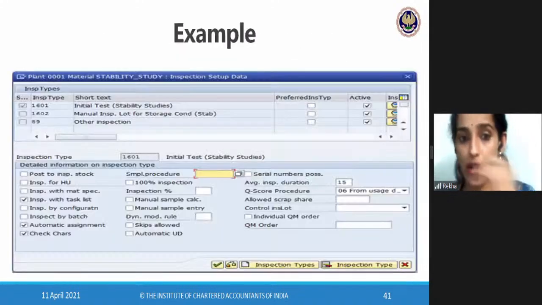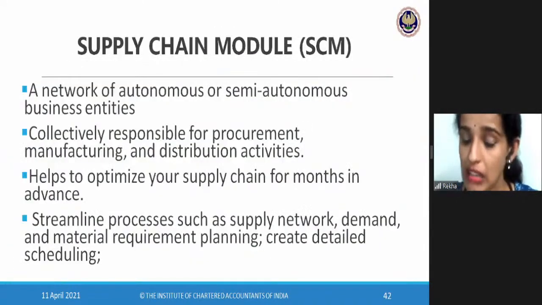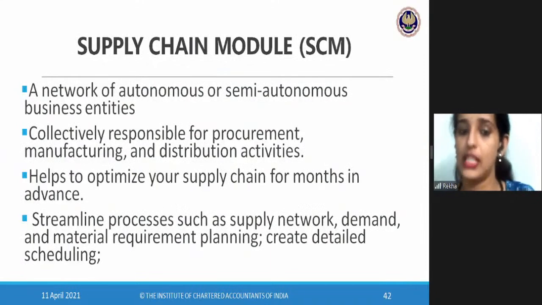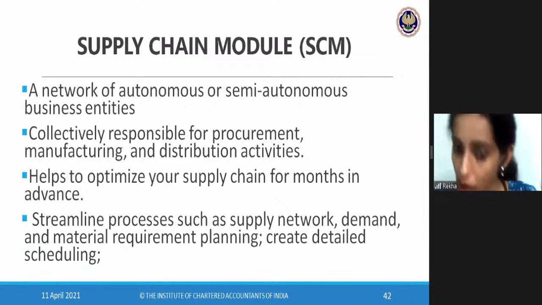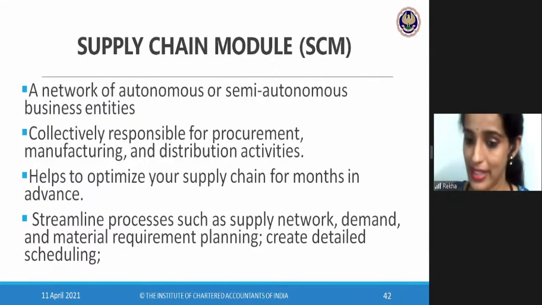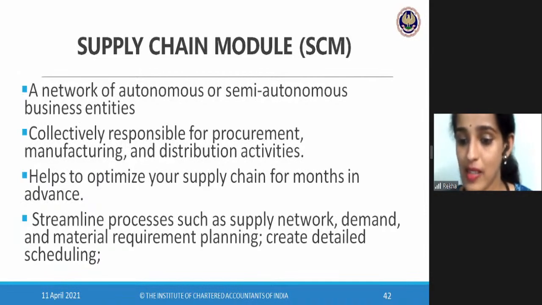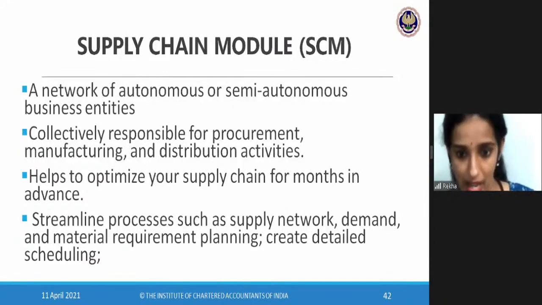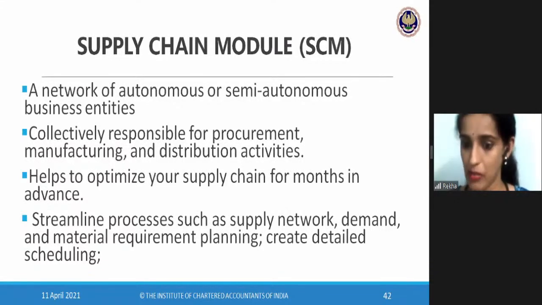Now, next module is called your supply chain module. Another important module. Now, the supply chain module mainly deals with all the activities starting from procurement of raw material till the end supply to the customer. So, whatever happens in between, everything comes under the supply chain module.